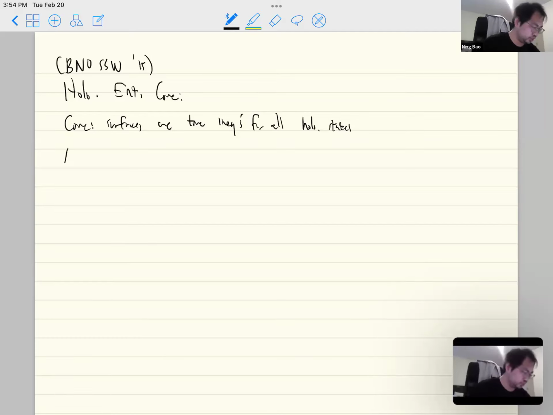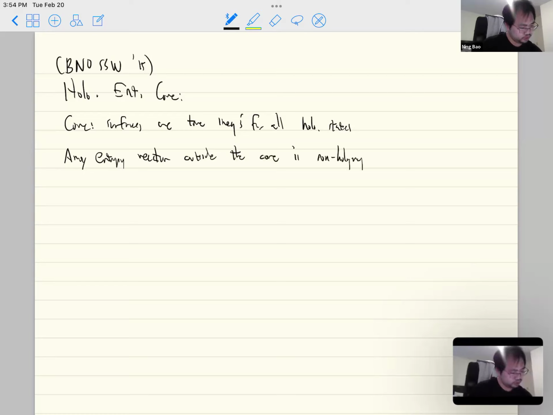And moreover, any entropy vector outside the cone is non-holographic, which you can just think of as being a tight cone for holographic states. Yeah, so it's trying to define what portion of the entropy space can be consistent with holography. So that's what motivated us to define this object.